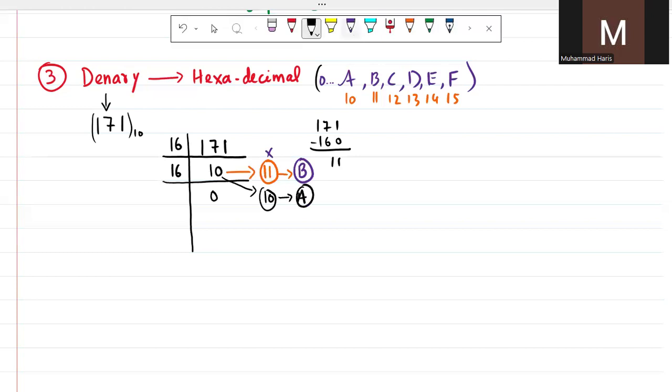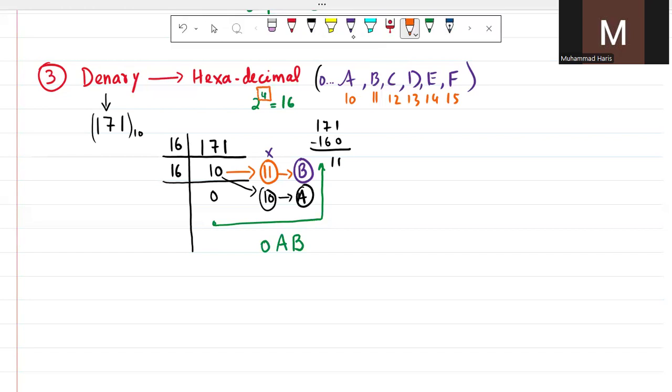And the basic thing, how to read this one: you start from the bottom and go up, so you will write 0, A, and B. Before that, you should know that 2 raised to the power 4 is 16. So whenever you write a hexadecimal number, you write it in groups of 4.